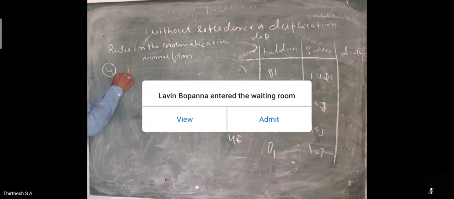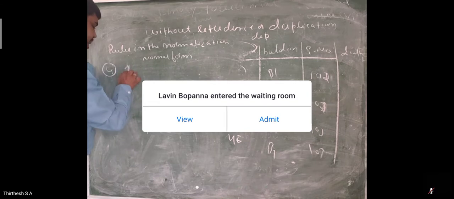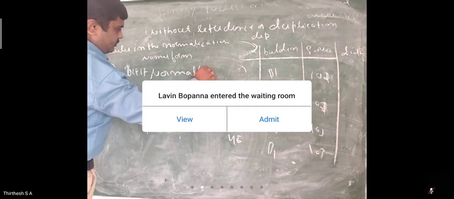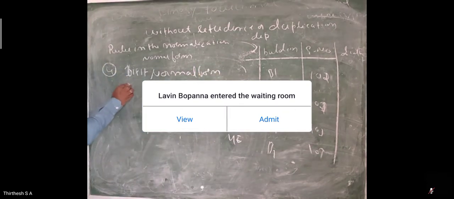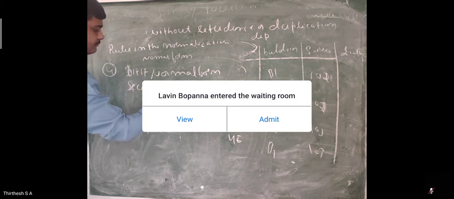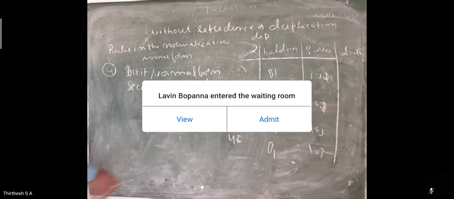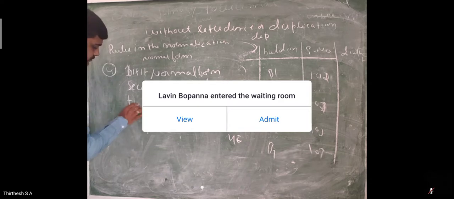First one is first normal form, second normal form, and the third one is third normal form.